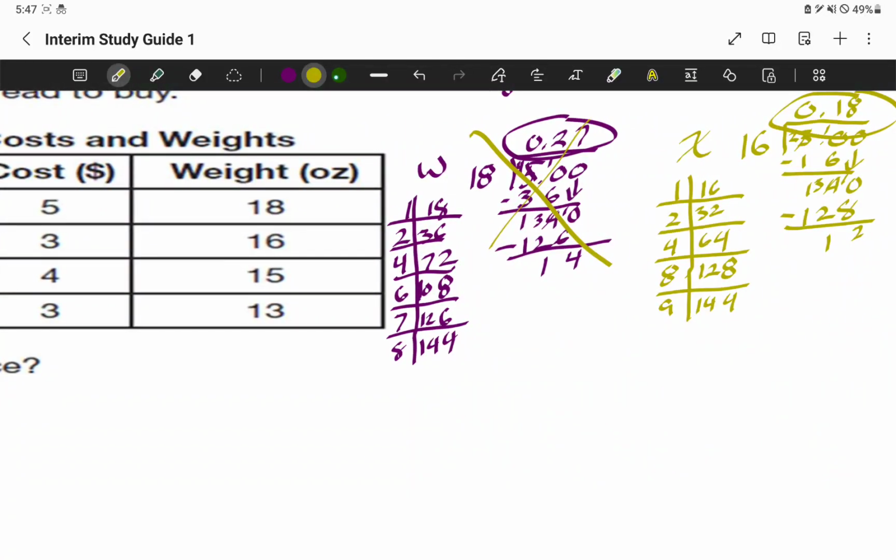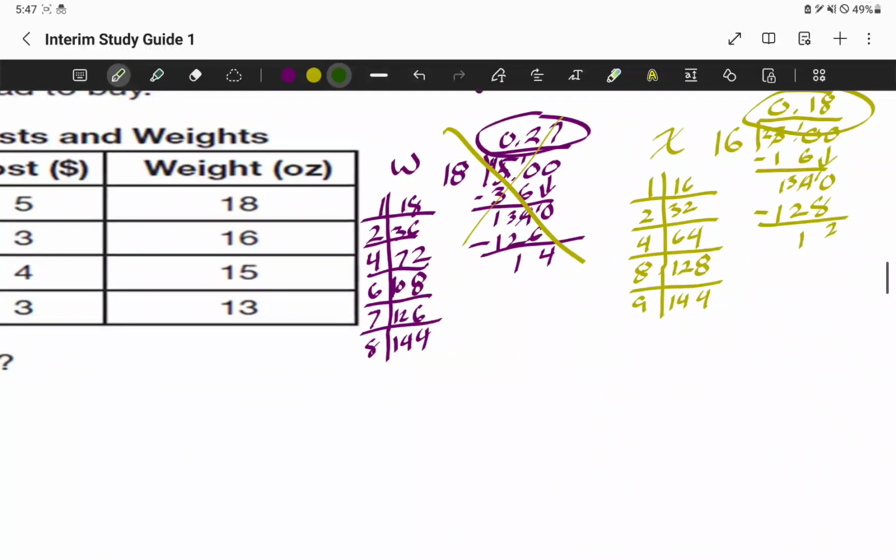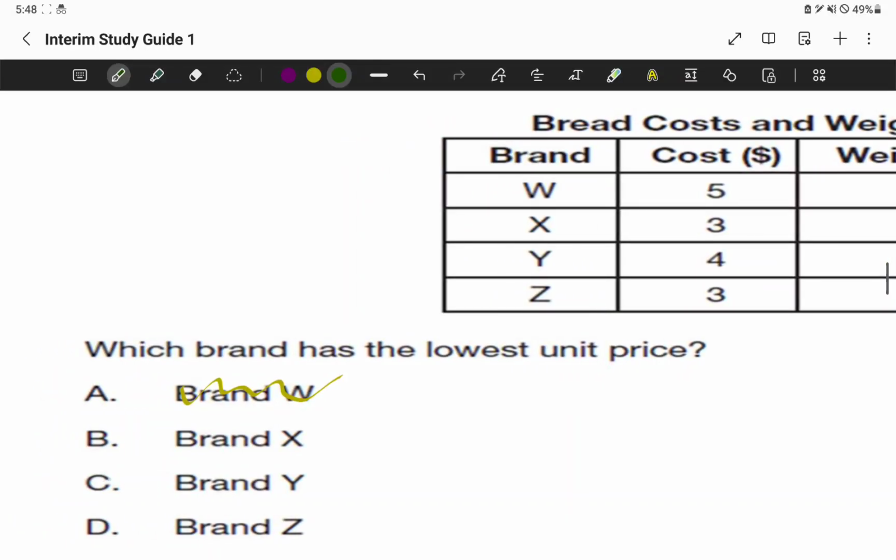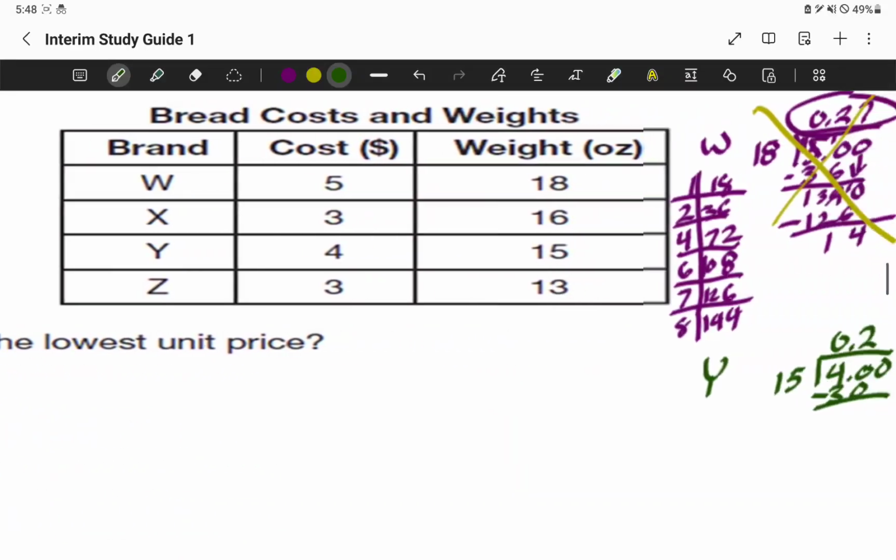And so now we move on and we check brand Y. And so this is 15 into 4. Well, 15 goes into 40 2 times. Well, we already know since this is 0.2 and that's 0.1, 20 cents is going to be more than 18. So, brand Y, goodbye.